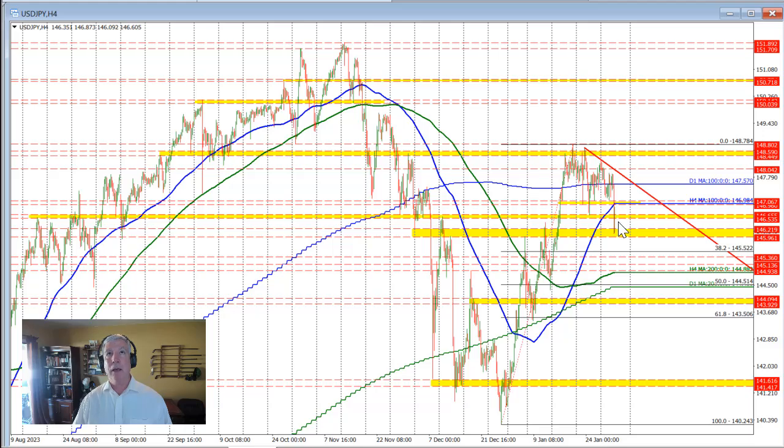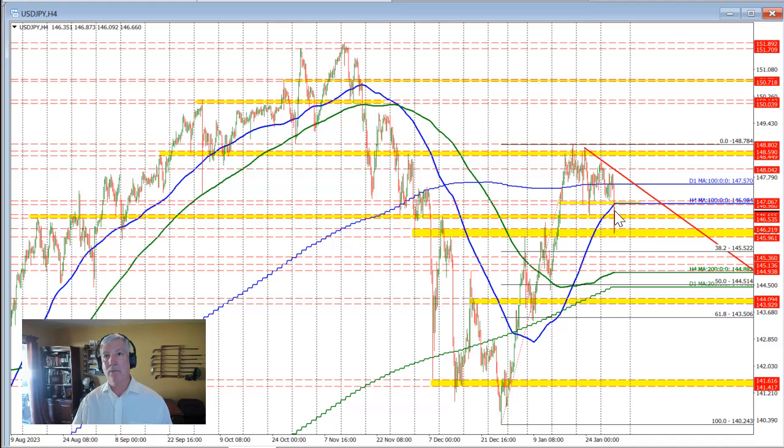We're currently trading at 146.70, which is above this swing area between 146.53 and 146.65, but below the 100 bar moving average on the 4-hour chart. That's this blue line in this chart, and below the swing area right through here. That 100 bar moving average comes in at 146.98.